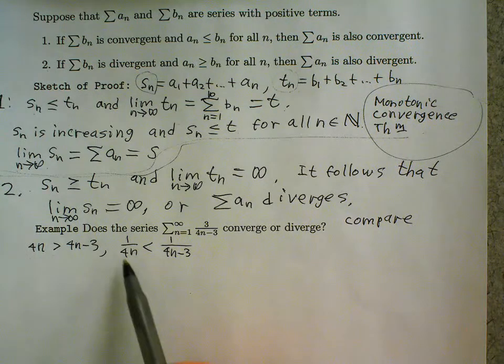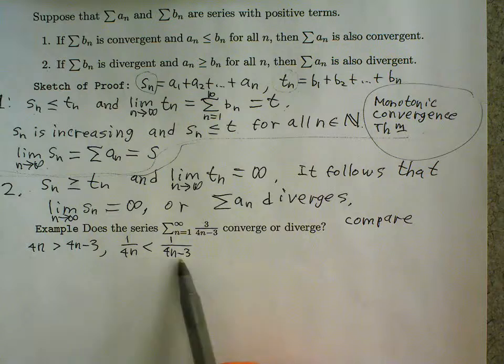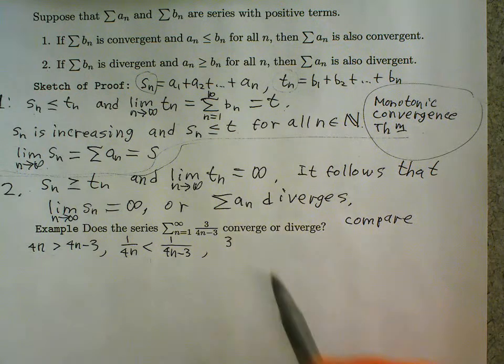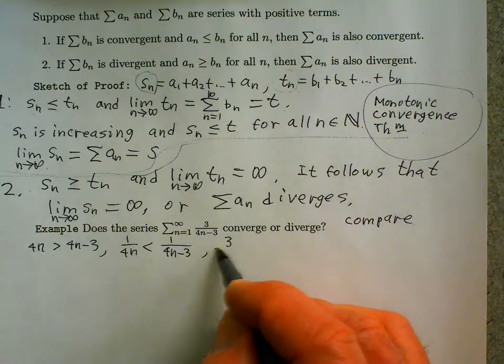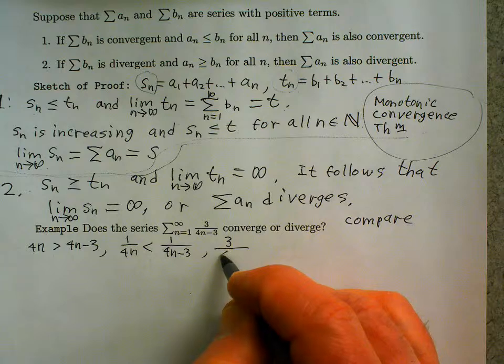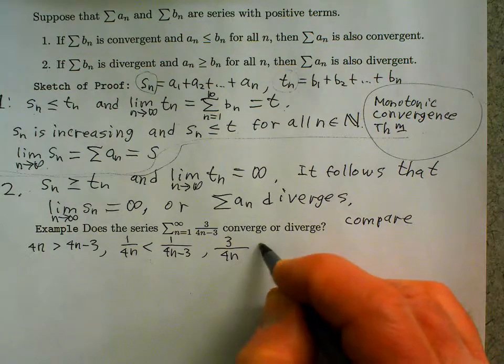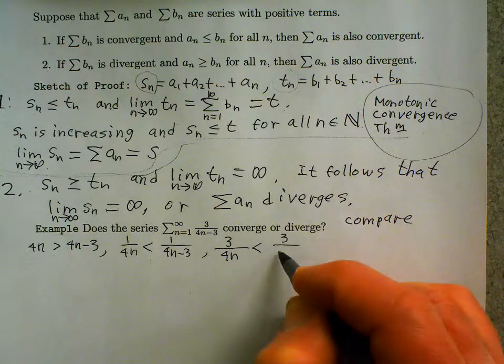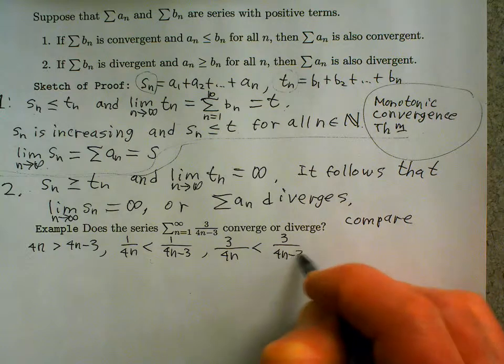If we multiply both sides of this inequality by 3, this inequality is preserved because we're just multiplying both sides by the same positive number. So 3 over 4n is less than 3 over 4n minus 3.